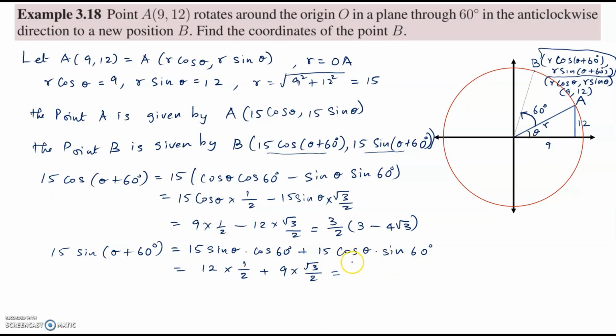Simplifying this, you will get 3 by 2 into (4 plus 3 root 3). Therefore, our coordinate B is given by (3 by 2 (3 minus 4 root 3), 3 by 2 (4 plus 3 root 3)).